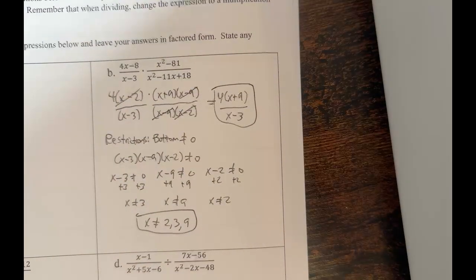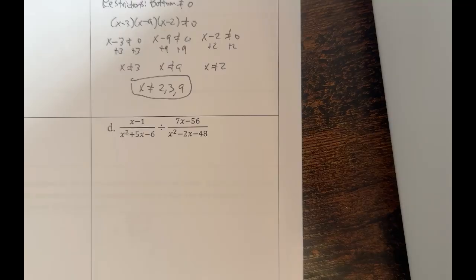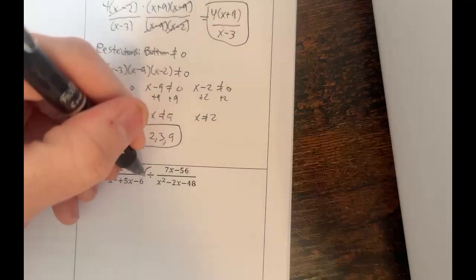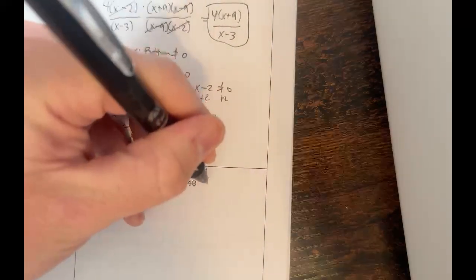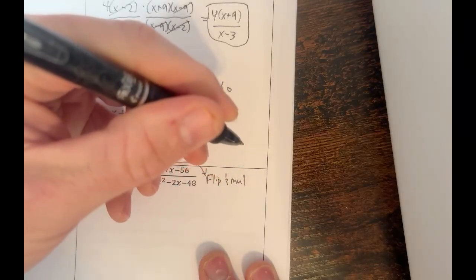Okay. All right, now, this gets a little trickier on the next one. We have to be careful about this one. On this next one, when you're dividing, you never want to divide. When you're dividing, what you're going to do is you're going to flip and multiply.